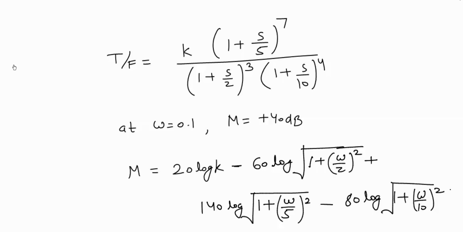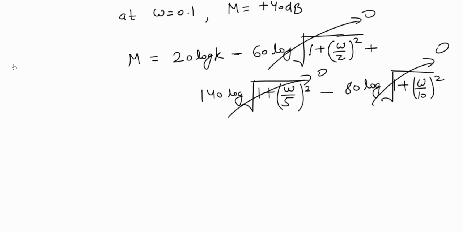Now at omega equal to 0.1, what will happen if you approximate it? This term will become approximately 0, this term will also be cancelled out to 0, and this term will also be cancelled out to 0, in the same way as we have done in the approximations earlier.